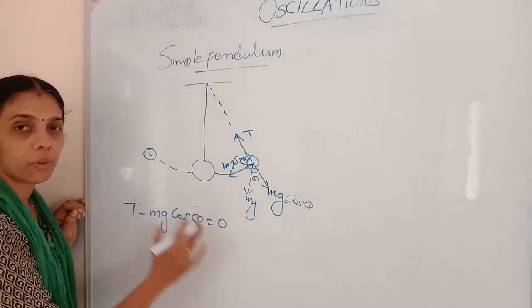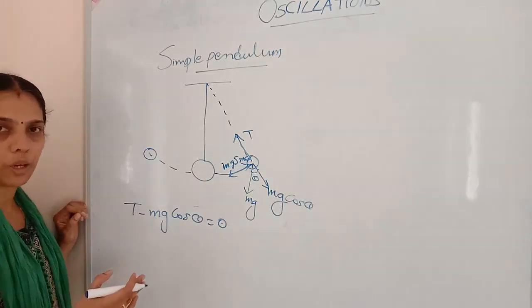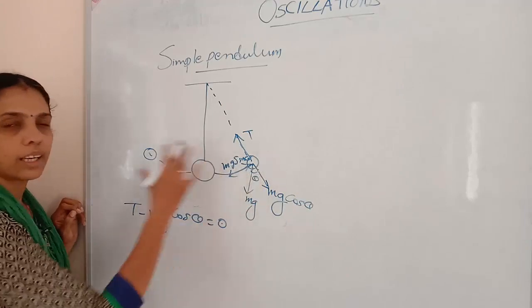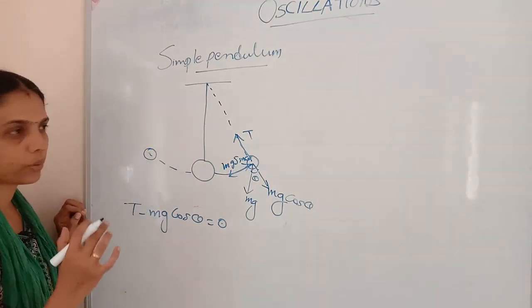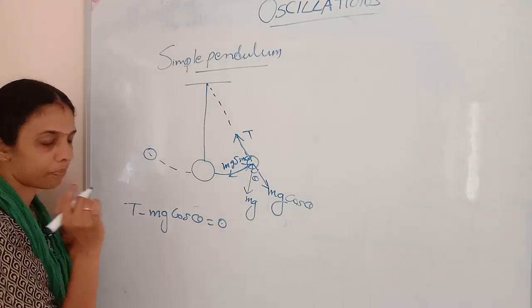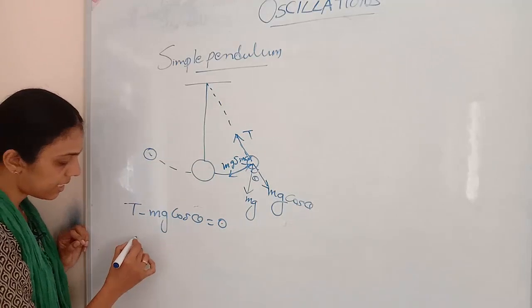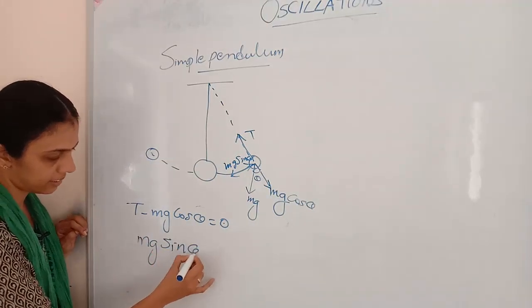So the net force along that direction will be 0. The rotational motion will be effective in the case of mg sin theta. So the force acting on it is mg sin theta, and rotational motion is caused by mg sin theta.